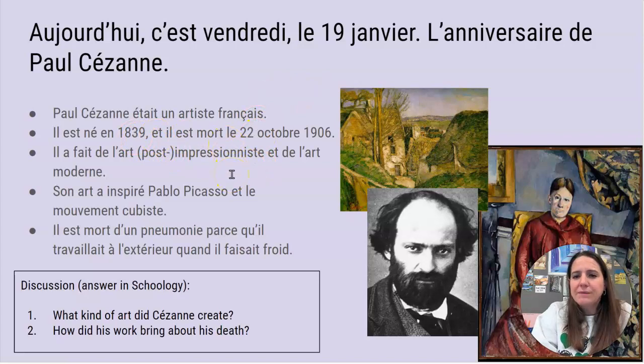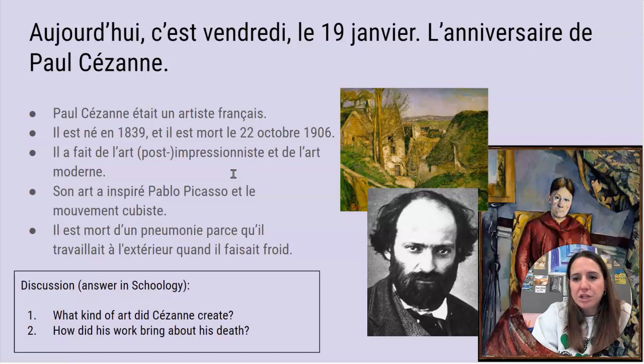Post-impressionniste, we don't need to get into an entire art history discussion here, but Cézanne as well as Gauguin, and many others whose names are escaping me right now, are all considered post-impressionist artists.